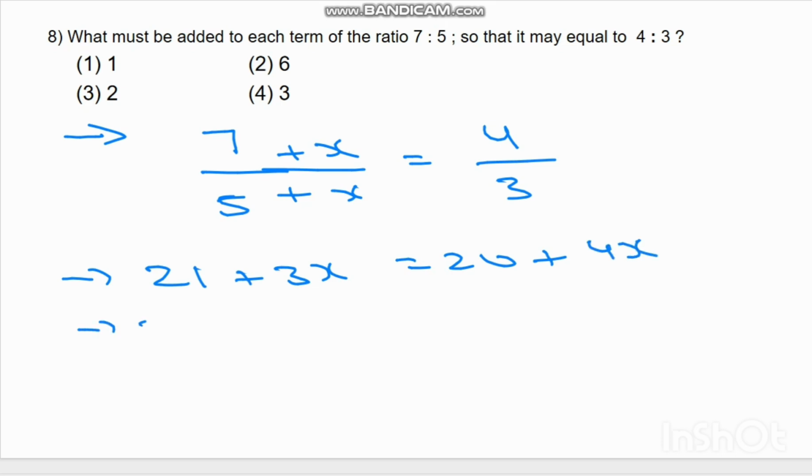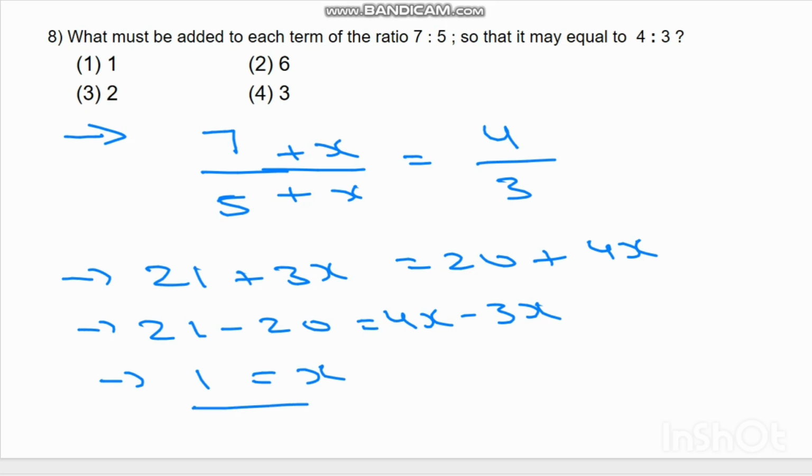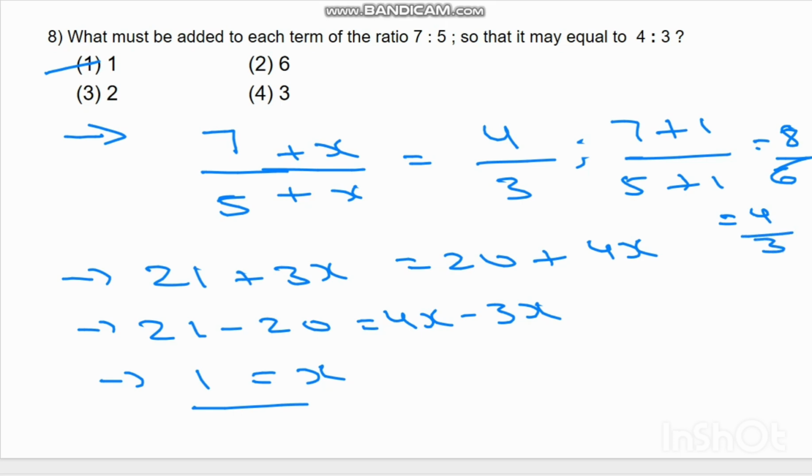So 21 minus 20 equal to 4x minus 3x. So 1 equal to x. So option 1 is correct answer. Let us verify. 7 plus 1 by 5 plus 1 equal to 8 by 6 equal to 4 by 3.